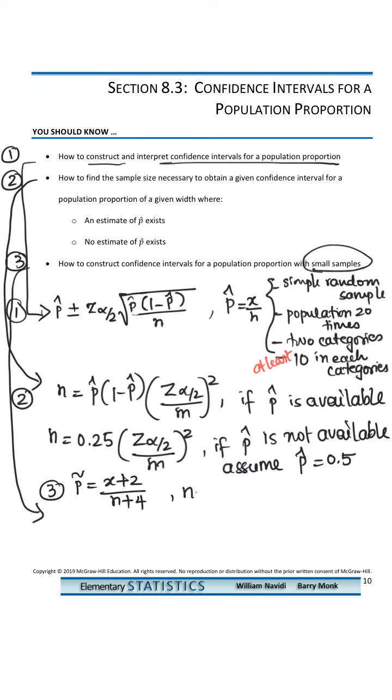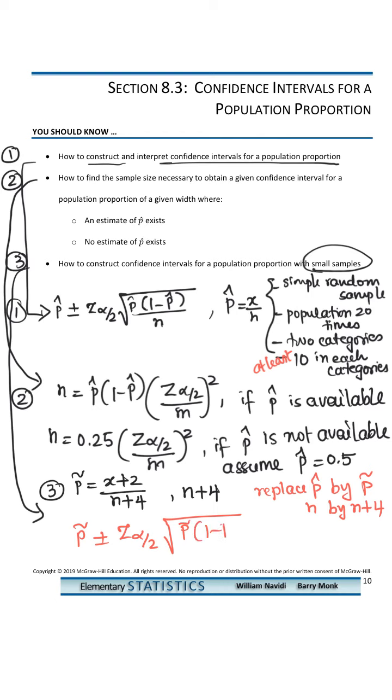So the sample size is n plus 4 instead of n. So in the above formula, we will replace the p cap by p tilde and replace n by n plus 4. So our new formula will be p tilde. Remember, we are not dividing by n, we are dividing by n plus 4.